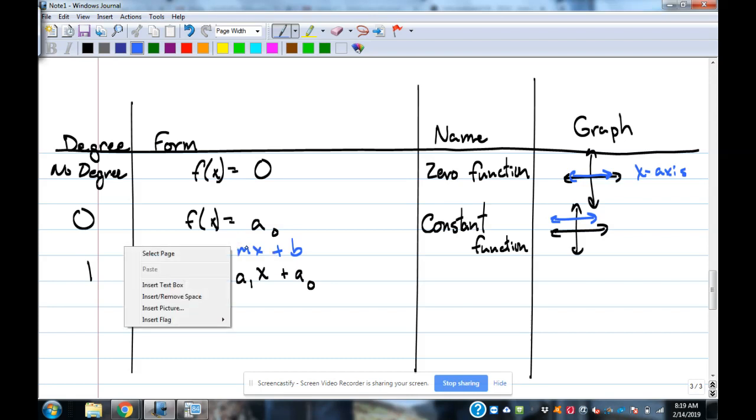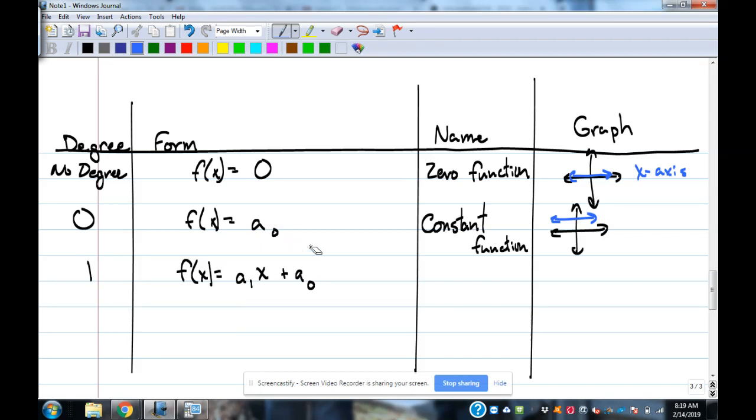That in blue there is a hint. The slope-intercept form of a what? Line. It's a linear function. So it's called a linear function, and we know it looks like a line that's not horizontal, slanted in some way, shape, or form. So there's one with a positive slope. We know a negative slope and all that stuff. So that's a degree 1 polynomial.